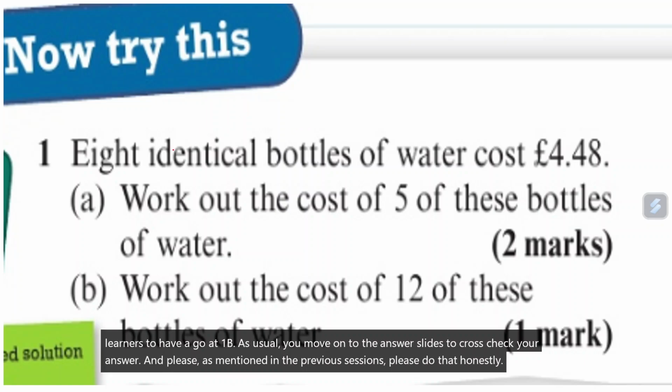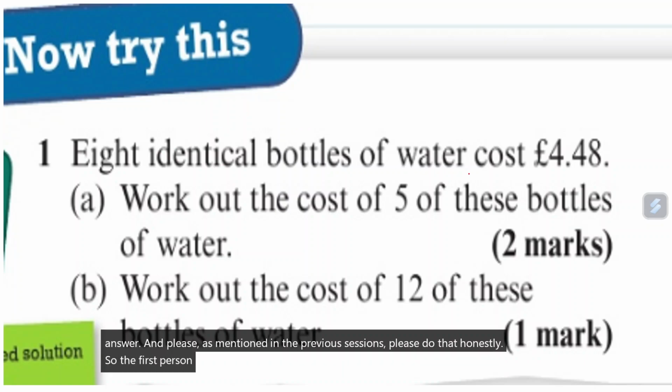So the first question says, 8 identical bottles of water cost £4.48. Work out the cost of 5 of these bottles of water.